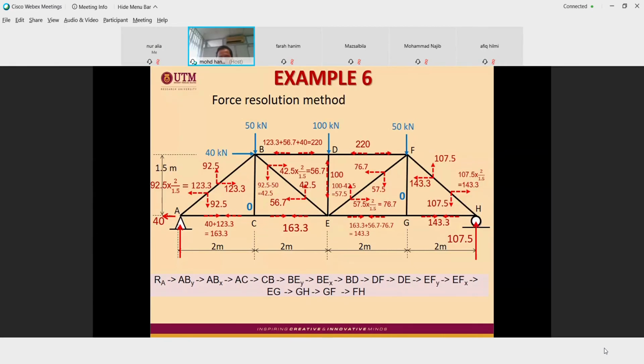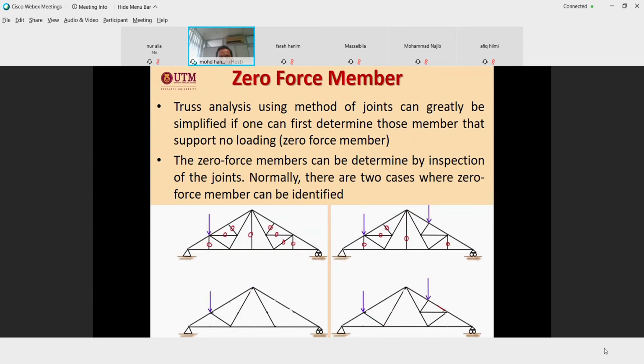About zero force members, I gave you one example last day, and today I give you another example. Why is this one zero?